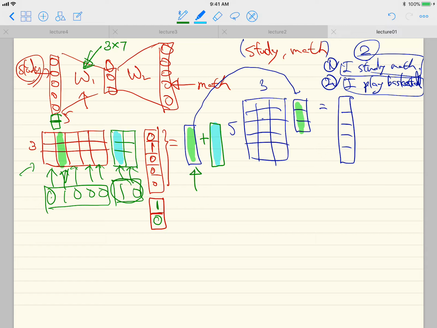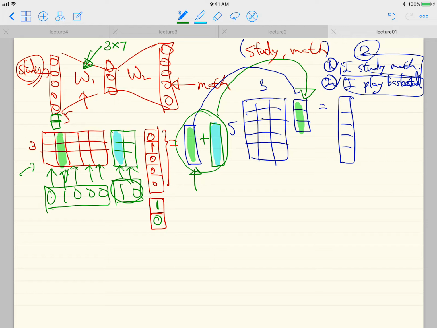Because they are generating a linear combination of these vectors. Okay, and so now the summation of these two vectors will be placed over here, and then the rest of the story will be exactly the same.